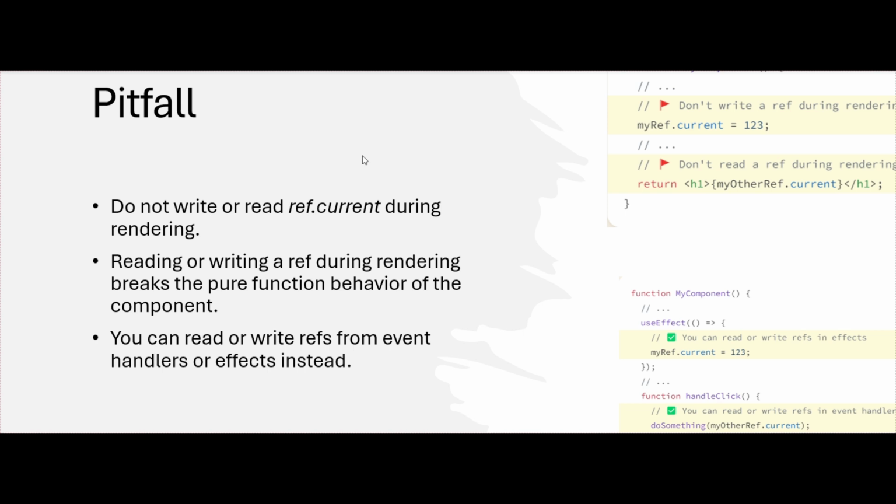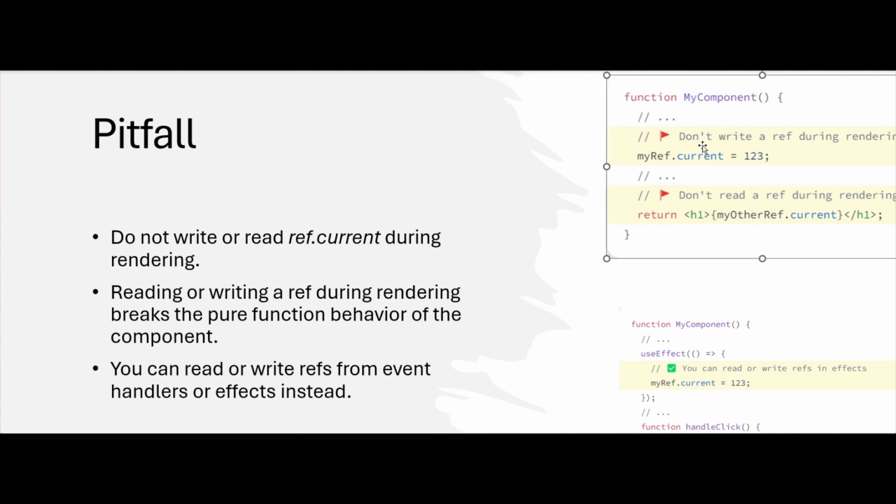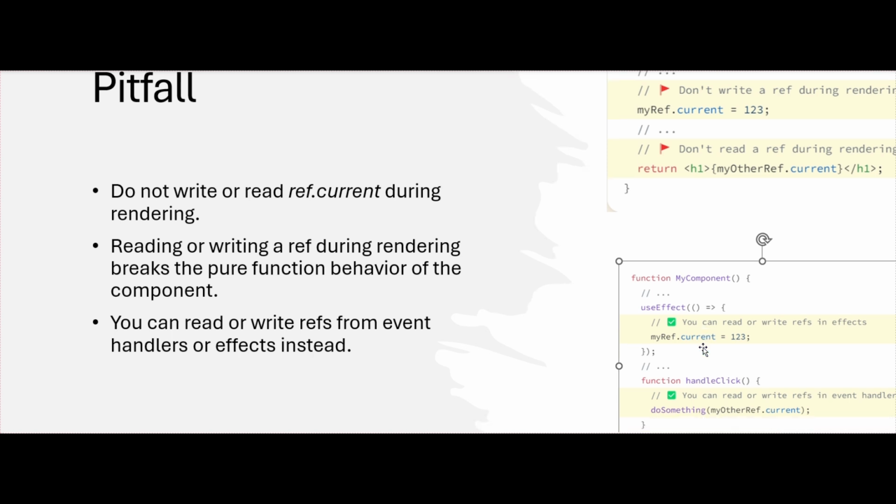If you look here, we don't do it like this. Don't use ref.current during rendering. Don't read or write it there, but you can read and write ref.current, that is the current property of your useRef, inside useEffect or event handlers. Now let's jump on to the demo part.